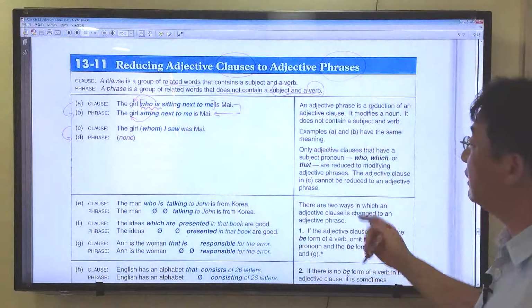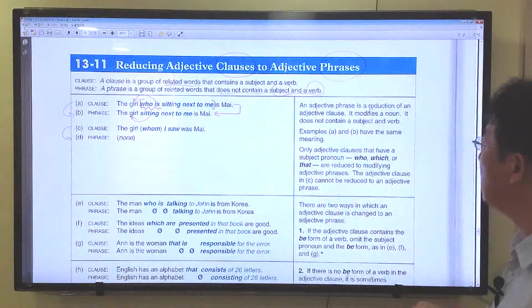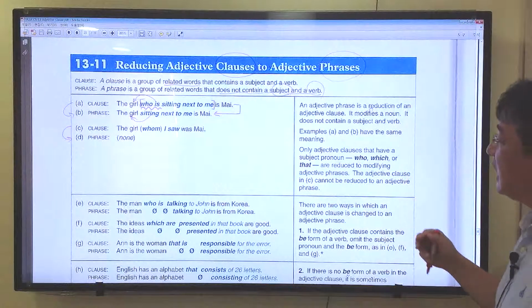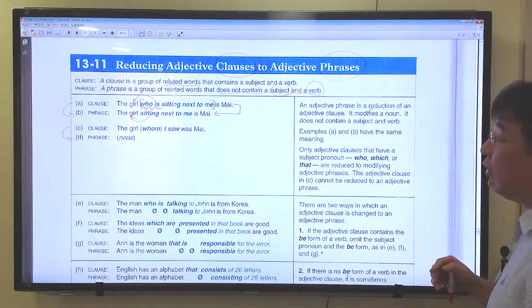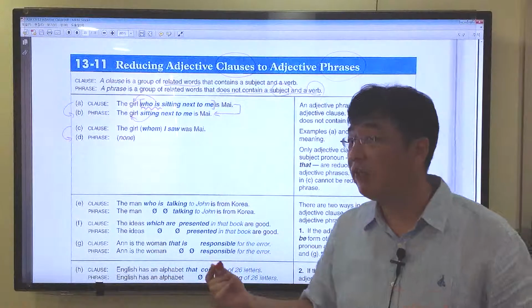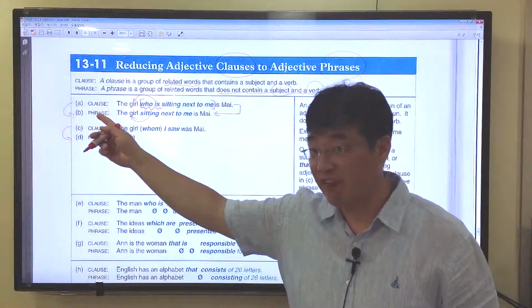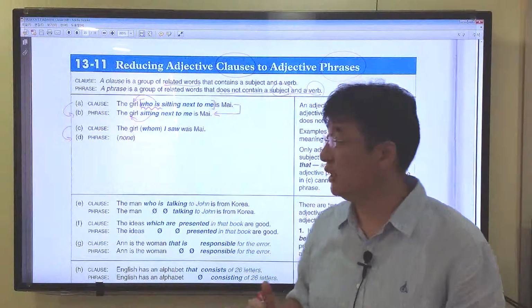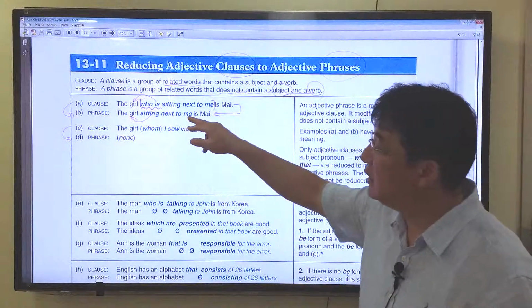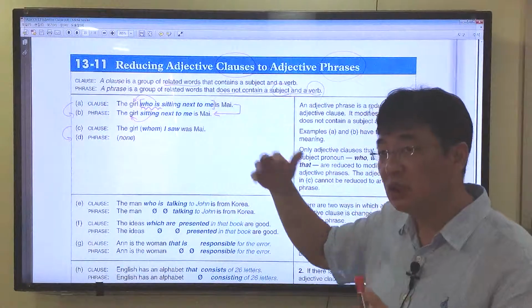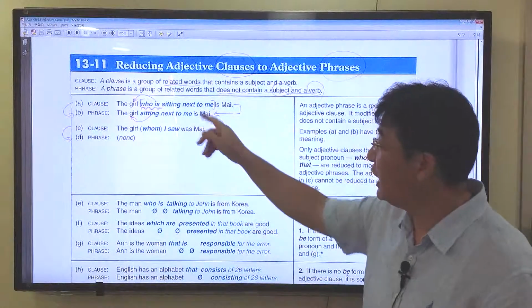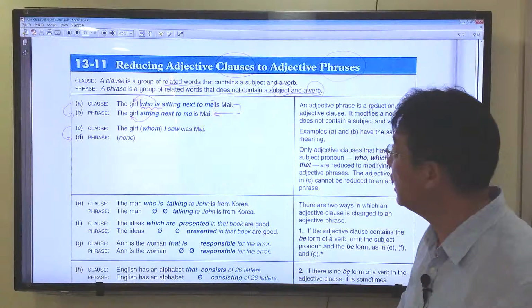However, the second one, the phrase, does not contain a subject and verb. However, will there be any difference in meaning conveyed by the clause or by the phrase? I don't see any difference at all. Just one sentence is a shortened type of another sentence which used a clause.